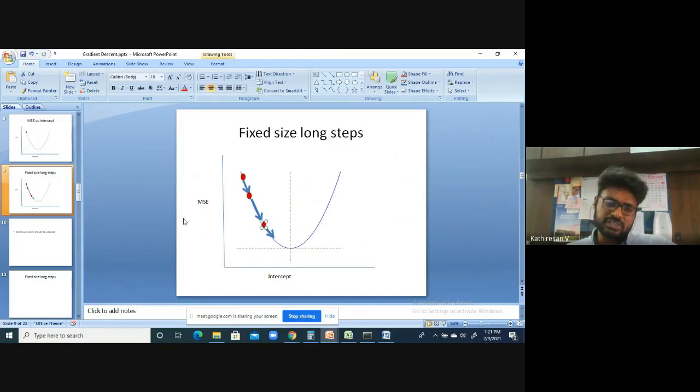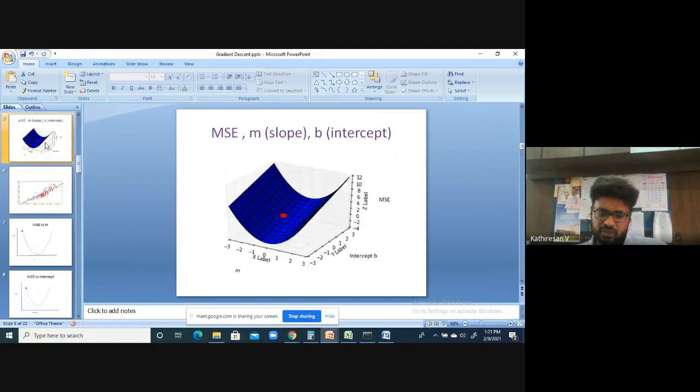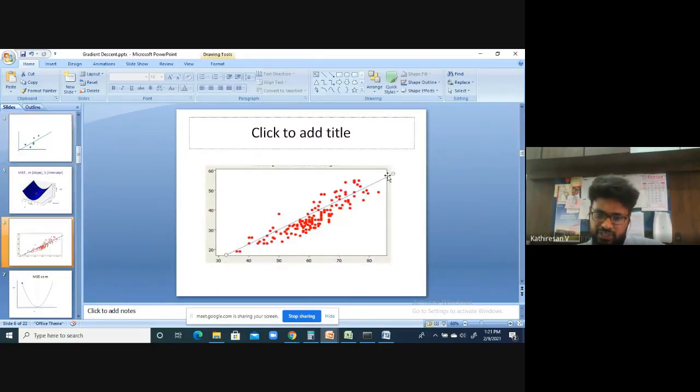In the first iteration, we take one line and find the MSE, intercept and m. After that we take a second one. First we take the line like this and find the MSE, m and intercept. Then we keep the line like this and find m, MSE, intercept. Like this we keep doing it until we find the global minima.